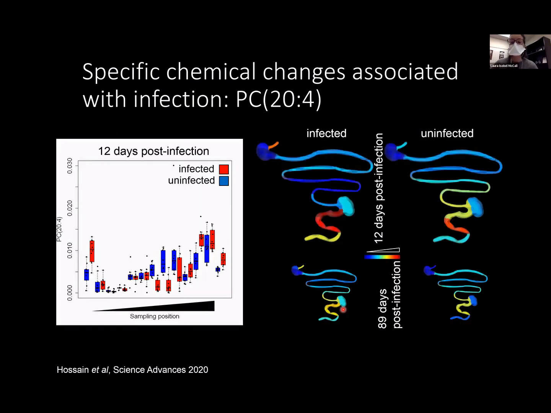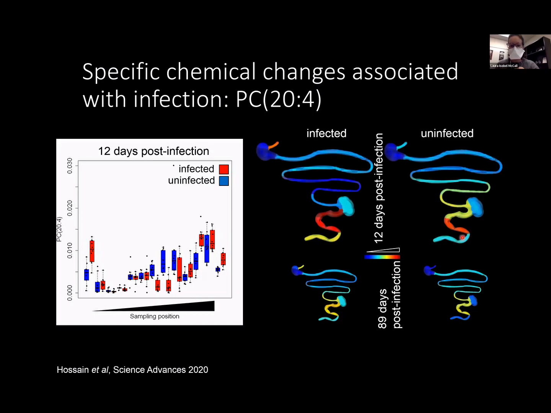And so we can look at specific chemical families and how they change across the gastrointestinal tract with infection. And so if you remember, in the heart, we had increases in glycerophosphocholines. And so I show you here the example of one glycerophosphocholine in the GI tract, which we find increased in the esophagus, as well as the distal colon in infected mice compared to uninfected samples.